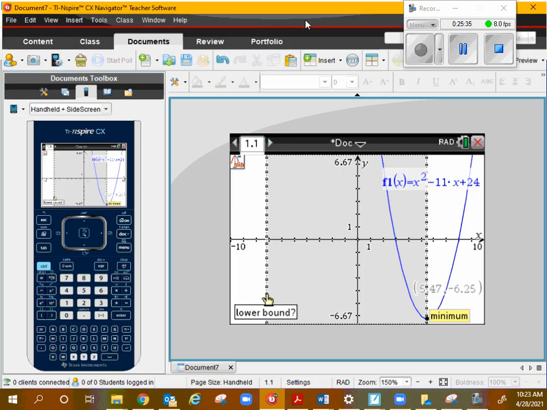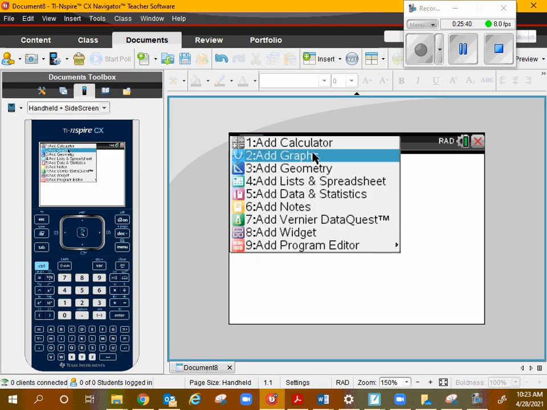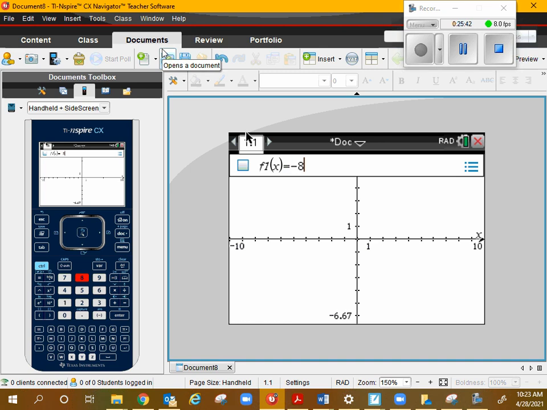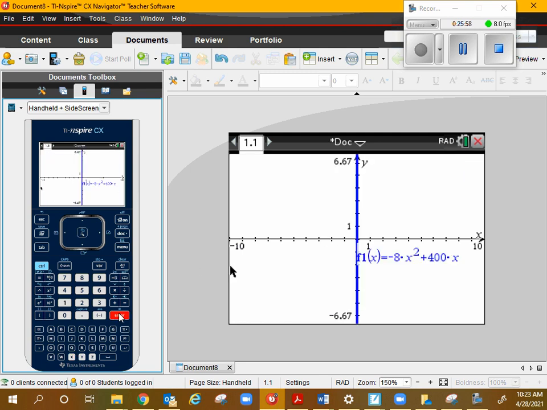Okay, so if I go on new document, what was my original parabola? Negative 8t squared. You have to use x, okay? You can't plug in t, so plus 400x, because if you plug in t, there's no t on the graph, so it won't pull anything up. So then enter.